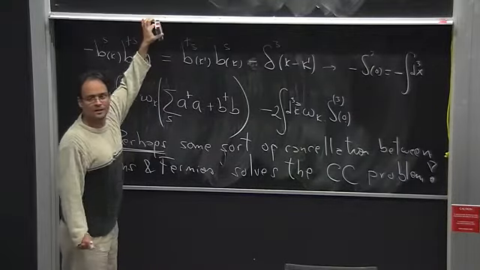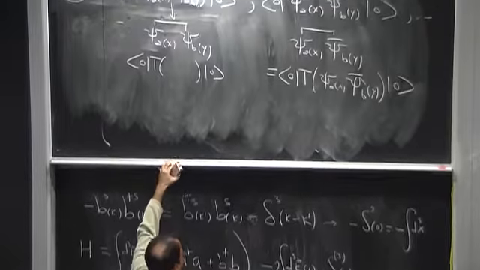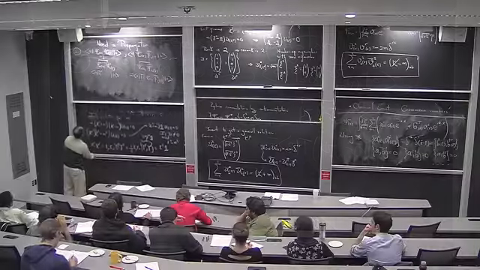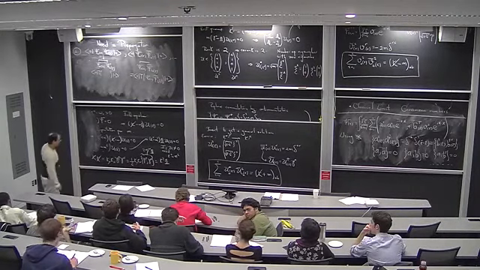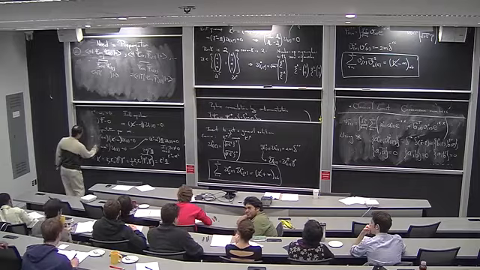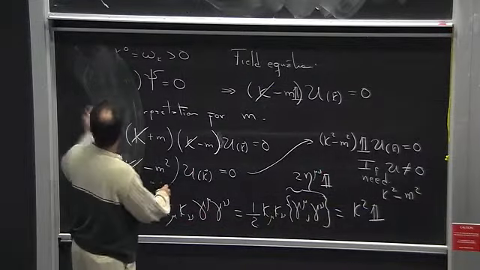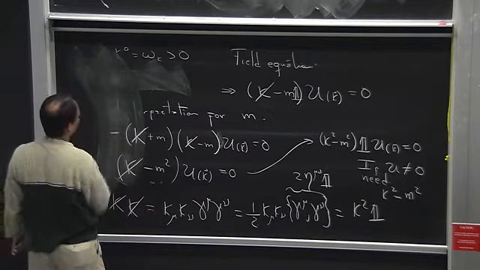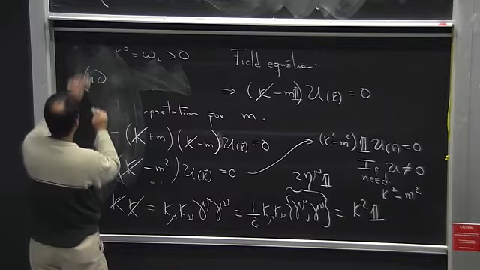Is the T operator going to be powerful enough to completely erase the minus sign?